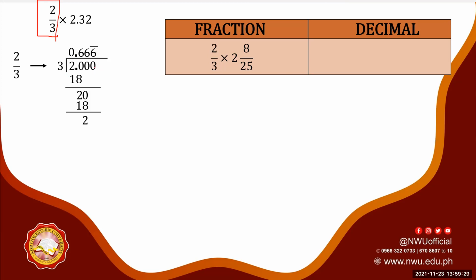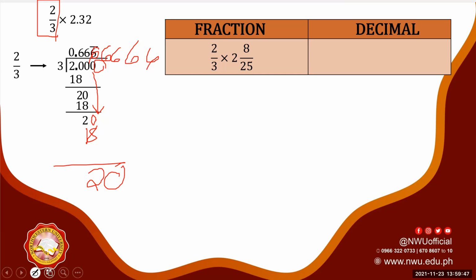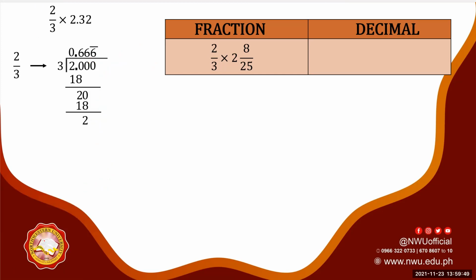Paulit-ulit lang na 6 ang makukuha ninyo until eternity, kahit nakapag-add na kayo ng napakaraming zeros.